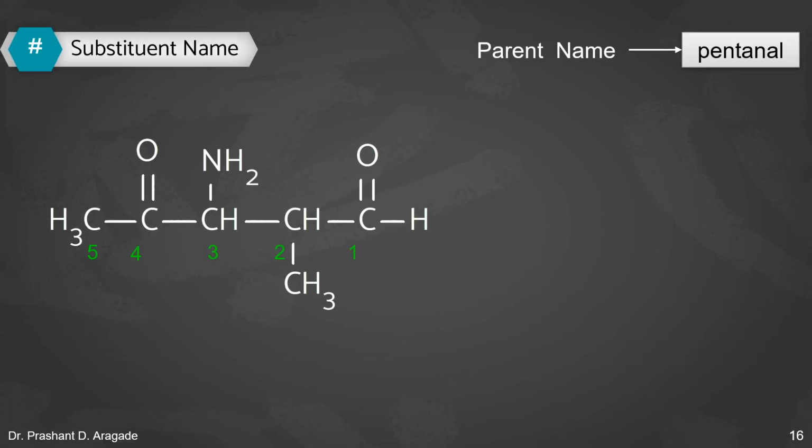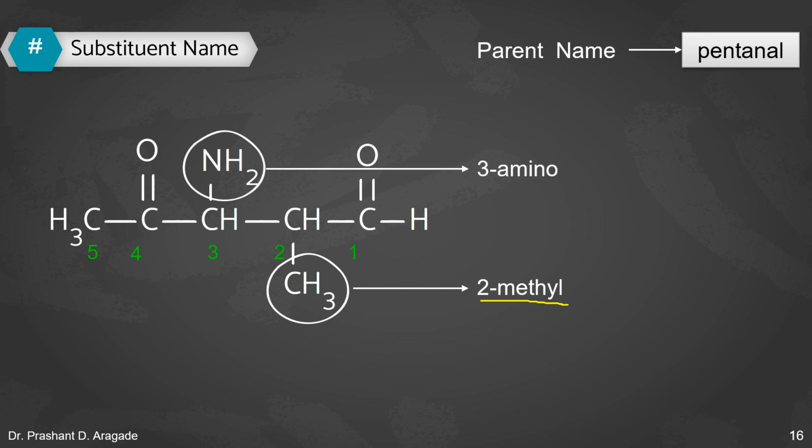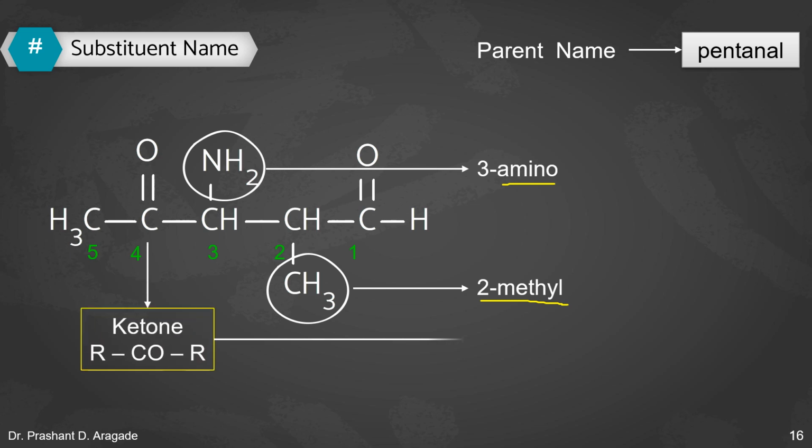Now think about substituents. Substituent is 2-methyl, that is position number and name of substituent. Then amino is a prefix used for the amine functional group when it is regarded as a substituent, and the ketone functional group is now a substituent in that example, hence you have to use its prefix, that is oxo.